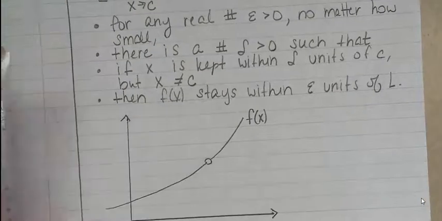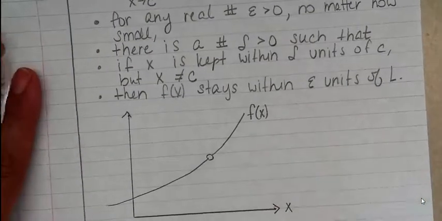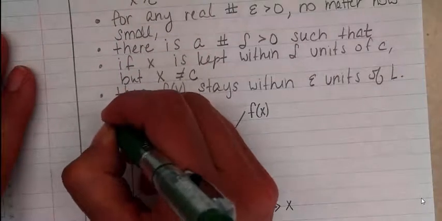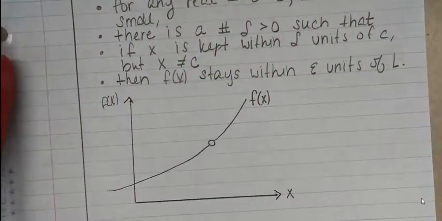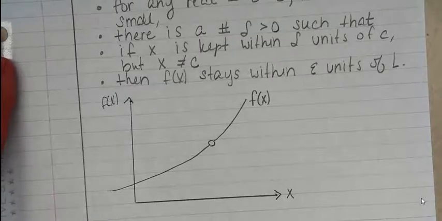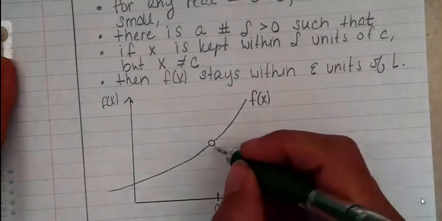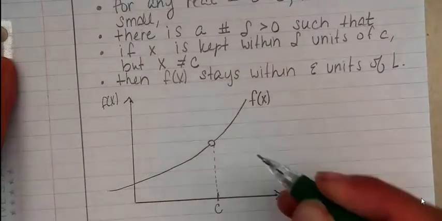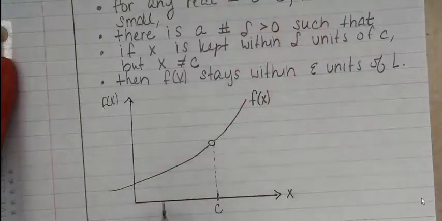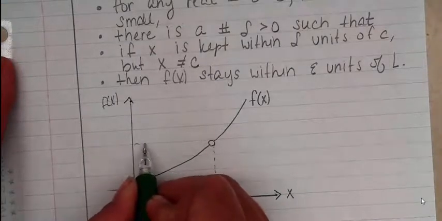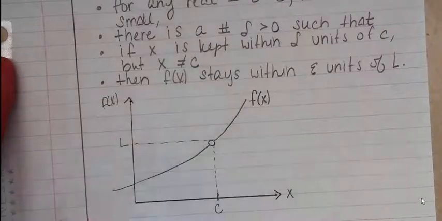This is my x-axis, this is my f of x. Now we're going to say that c is here. This is the area that I care about. I'm asking myself, what's the limit of this function as x approaches c? Now don't forget that limit has everything to do with x approaching c from both the left and from the right. Even though that's not in this definition, that's important. And so here's L, my limit.